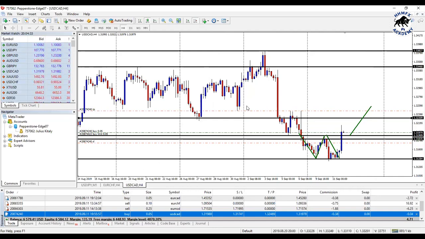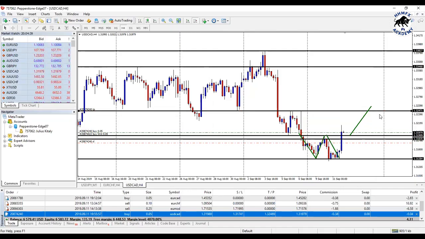So I'm done. This is how you just trade using support and resistance. Remember, just consider someone who never knew about chart patterns or W patterns or any other patterns, who only knows about support and resistance.